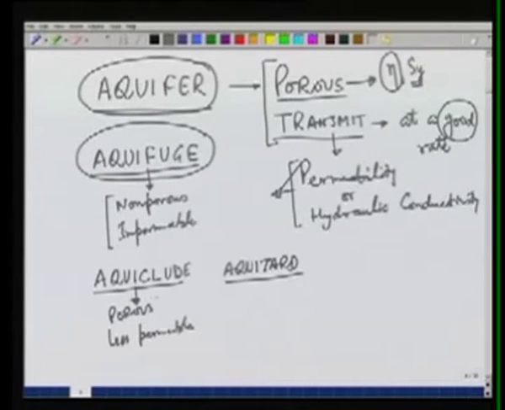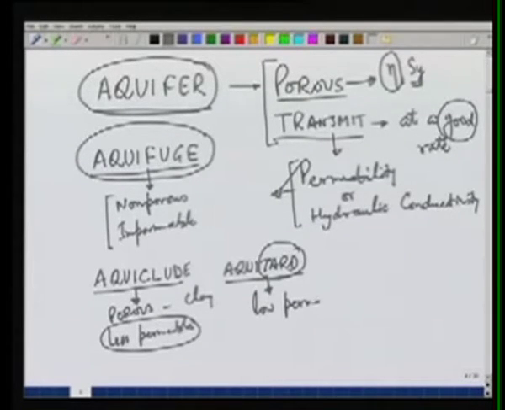So they can store water, for example clay, but the conductivity is very small. And the aquitards, as the name suggests, retard the velocity, so it's a very low velocity formation. So out of these, as we discussed, aquifer is the one which we will be targeting for our purpose.